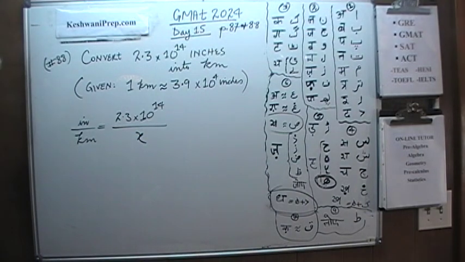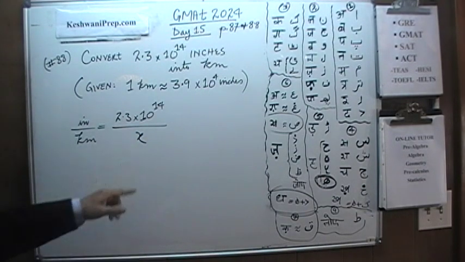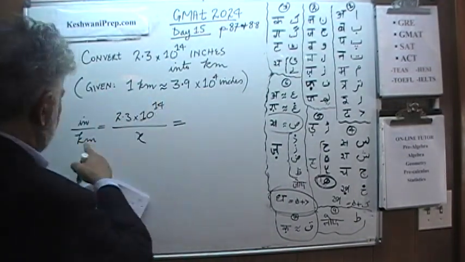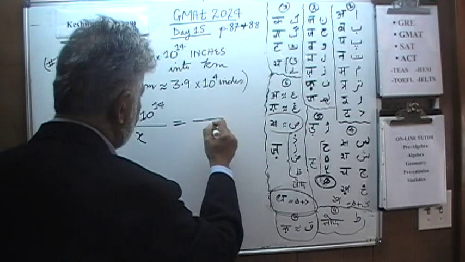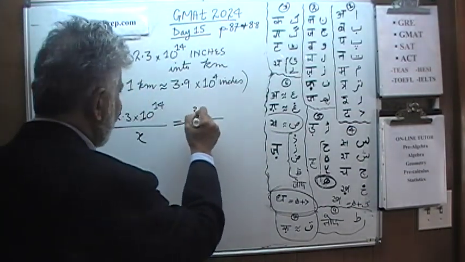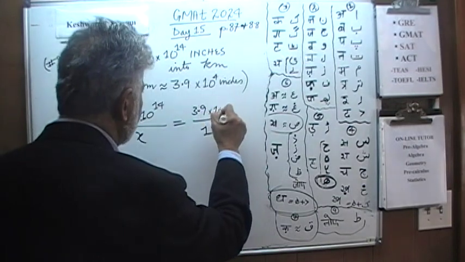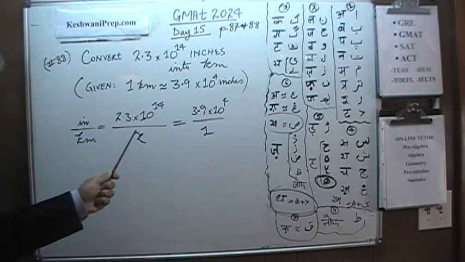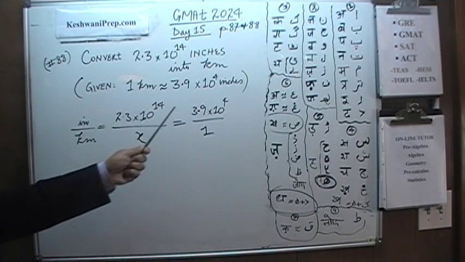That's the unknown quantity. We don't know how many kilometers that is. That's the whole point. But we do know that 1 kilometer goes at the bottom. 1 kilometer we are told equals 3.9 times 10 raised to 4 inches. There you go. That's all it is. We just have to solve for x, inches and kilometers.